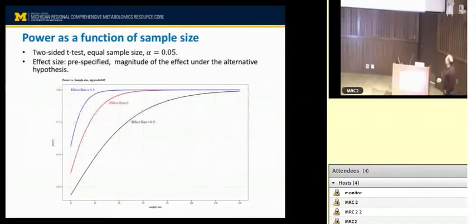And of course, you need to set the level of the test. If this was 0.025, all the curves are going to start moving to the right because you become more stringent in terms of type 1 error. And so there are a number of decisions that you need to make and provide some justification for, for example, when you do power analysis in your grant.